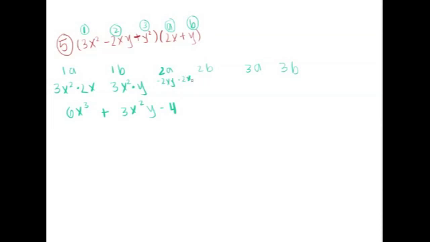X times x is x squared, nothing for the y, so it just stays, and then keep going for me. Okay, so I'm going to keep working on this one while you guys do this too. You can check your answer.